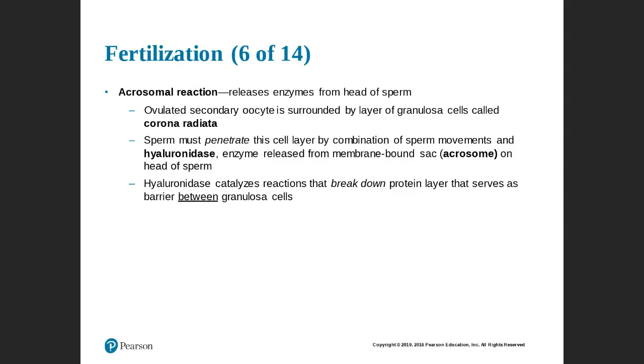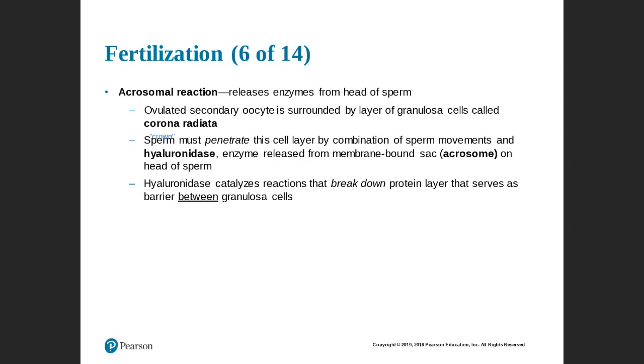So the corona radiata is basically that group of cells that surround the secondary oocyte. They're actually follicular cells that were formed during the process of vesicular follicle production.